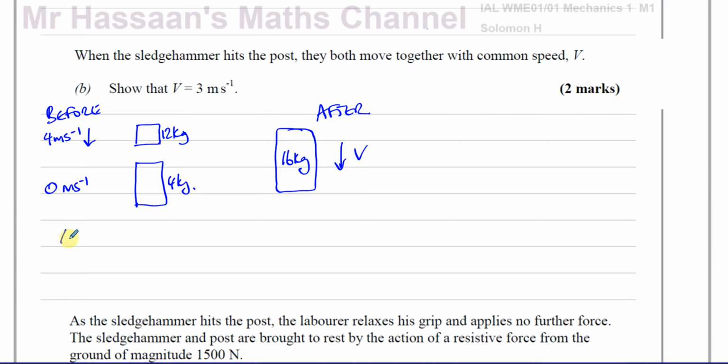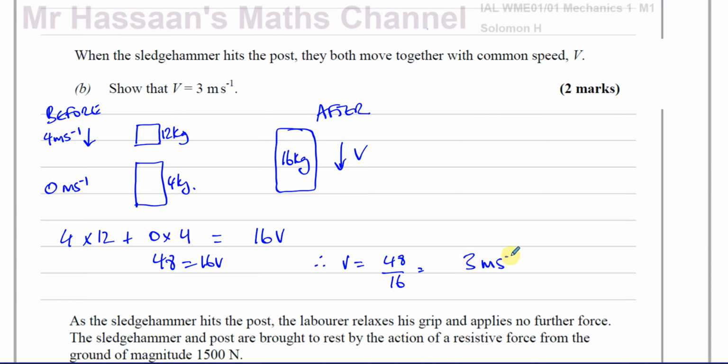So 4 times 12 plus 0 times 4 is equal to 16 times v. This gives 48 equals 16v, so v is equal to 48 over 16, which is 3 meters per second, as we're asked to show.